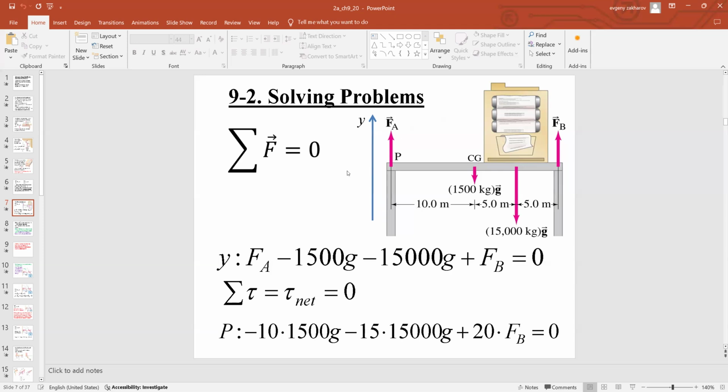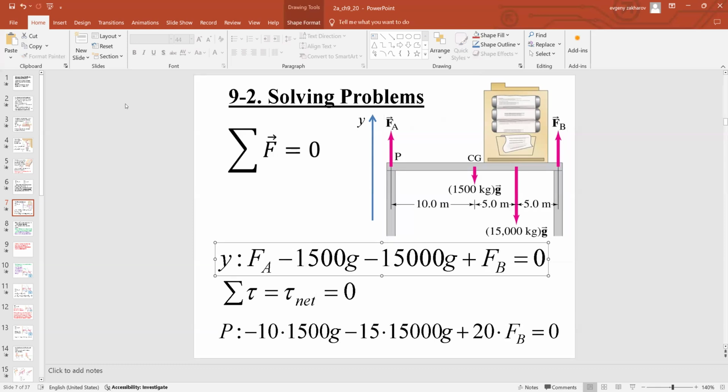So for forces, they should be in balance. You have some forces that have the same direction along the y-axis, the positive. So F sub A is positive, F sub B is positive, but gravity is in the opposite direction. So gravity should have a negative component. So positive F sub A, negative gravity for the table, and also negative load from the printing press, and positive reaction force from the right side of the table equals 0.